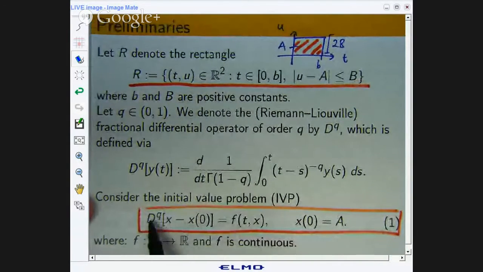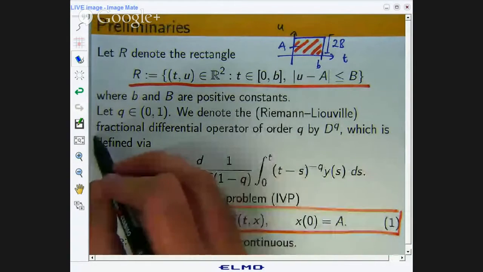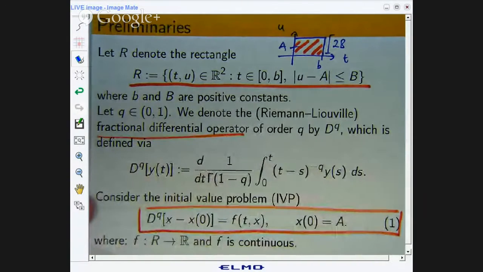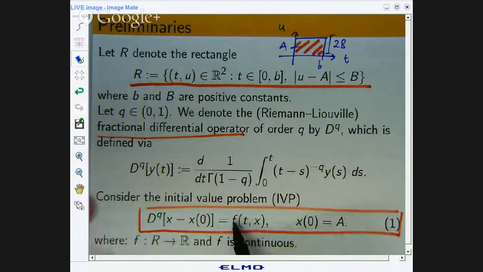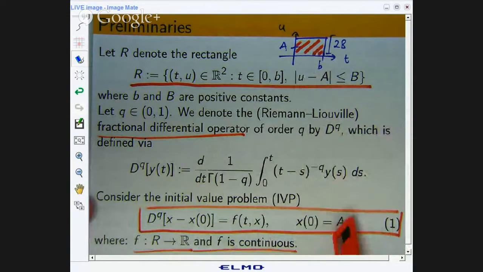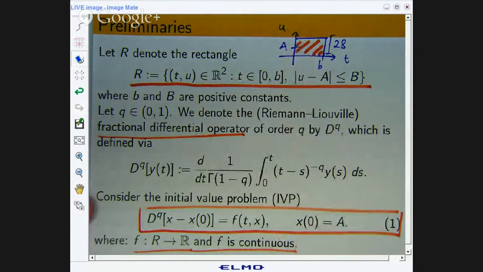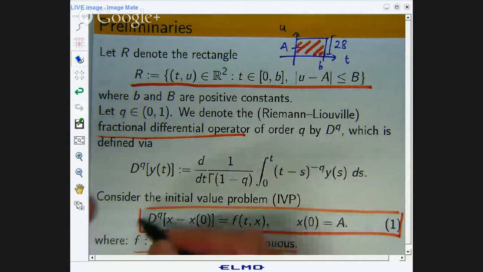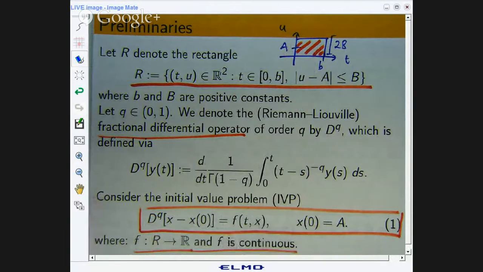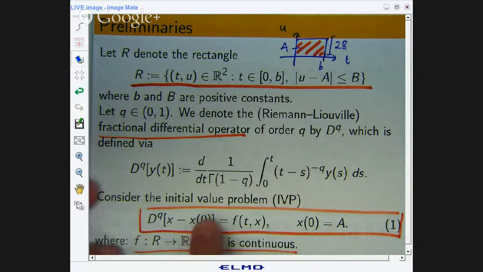Now, D^q is the fractional differential operator. f is a function that is defined on this set and is continuous. a is just some number, which turns out to be this A up here. And you'll see this is a little bit different from the regular differential equations you might see, because you've got this x naught in here. And this left-hand side is known as a Caputo derivative, okay?